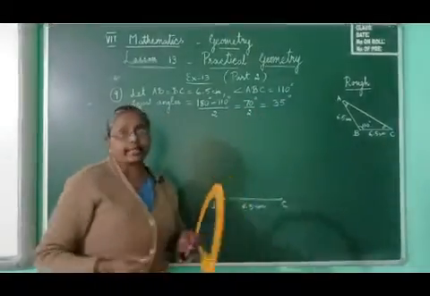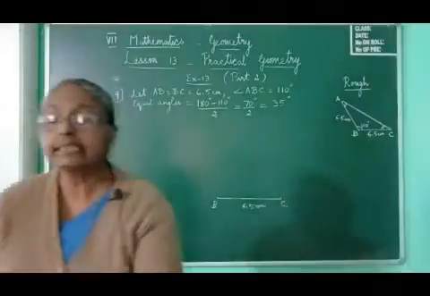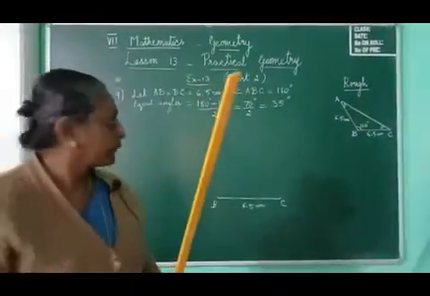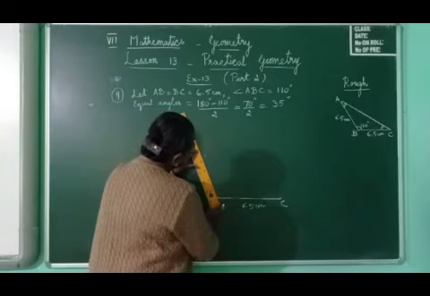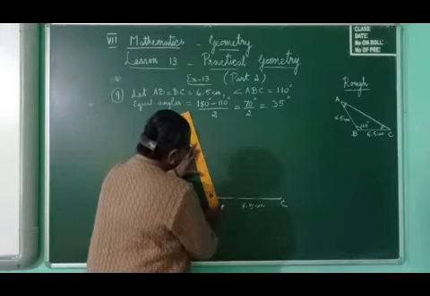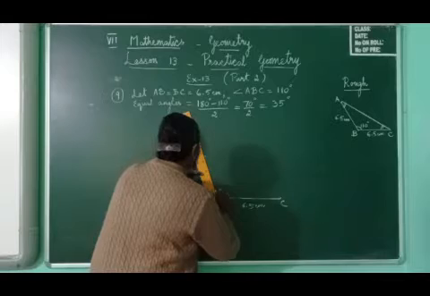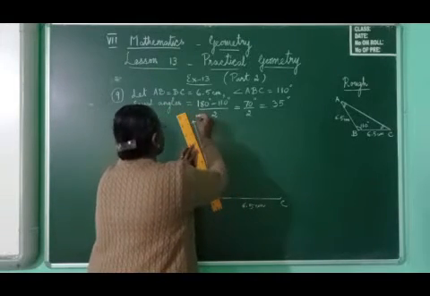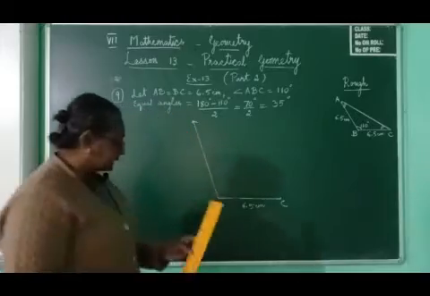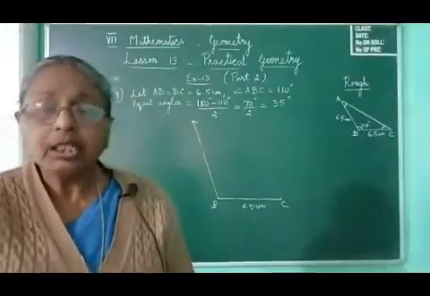But because we are drawing at B, we have to see the left side measure, and through that point, 110 degrees, we draw a long line. From B we are drawing a long line at a 110 degree angle.